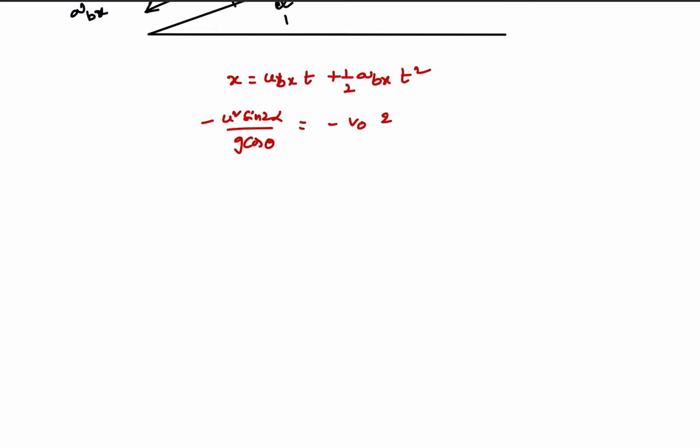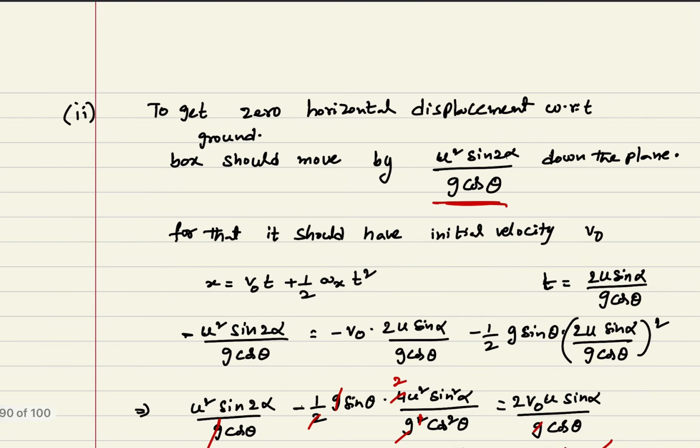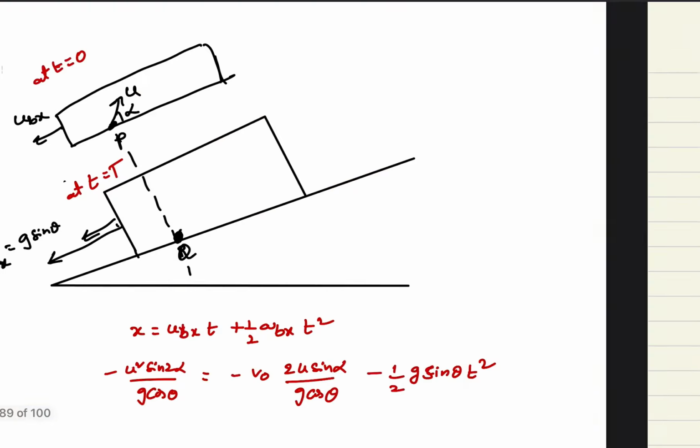Actually, the t value we have already got, that value is 2 u y by a, that is 2u sin alpha divided by g cos theta, plus here along the x-axis minus half into g into sin theta into t square value, you have to substitute.